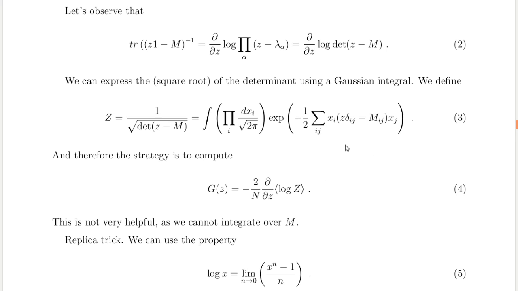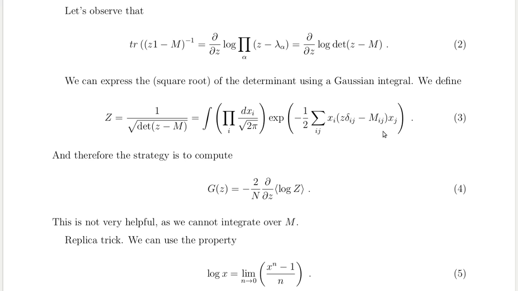As we can see, this quantity Z is an exponential of the elements of the matrix M. So in general, if we had to average Z directly, that would not be a complicated task, because we would just need to compute the average of the exponential of the elements of the matrix, which is fairly simple if you know the generating function.